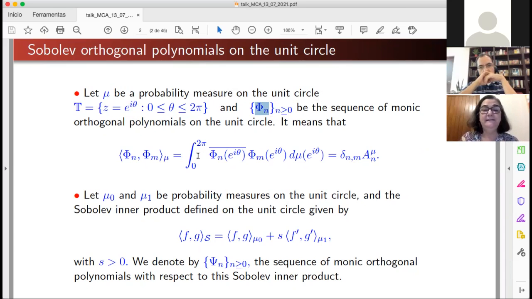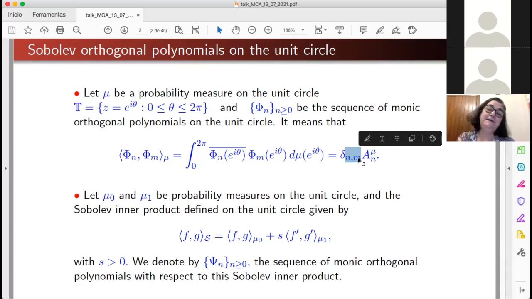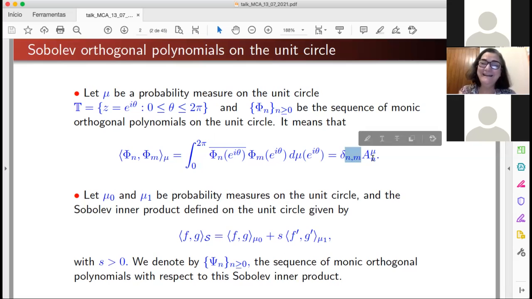That means this inner product, with theta from 0 to 2 pi, is 0 when n is different from m, of course. And we denote by a n, with respect to mu, the inner product when we use the same orthogonal polynomial phi n.